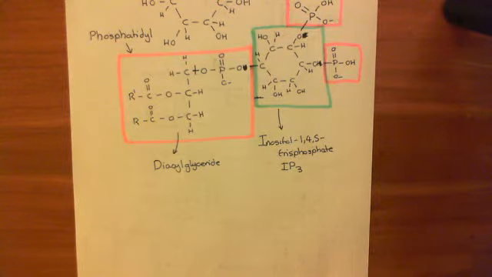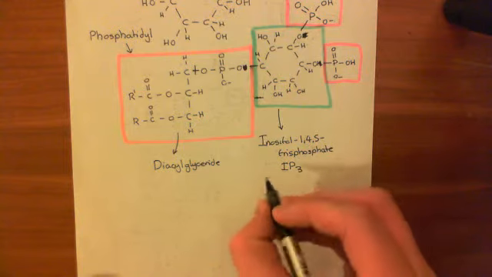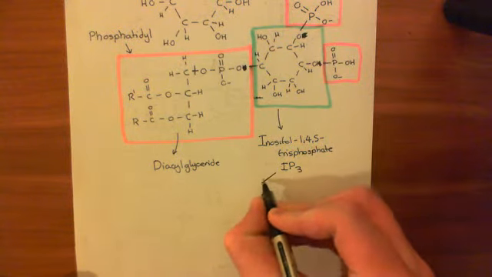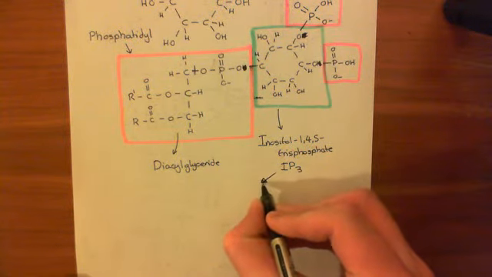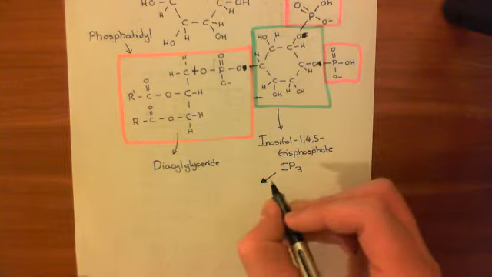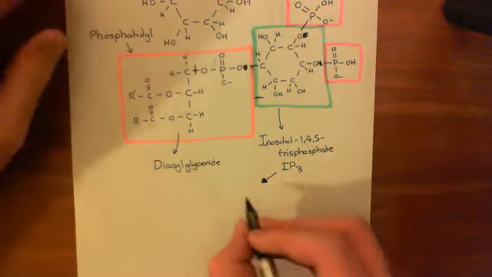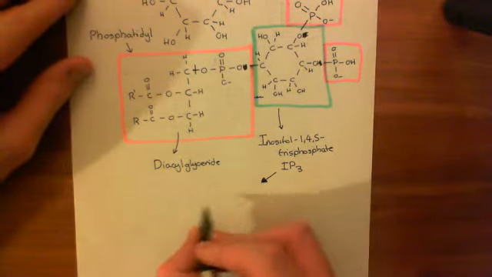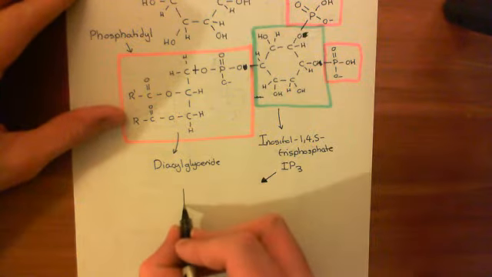Right, now, IP3 basically goes and activates a receptor that we are going to study in a lot of detail in our next coming up videos. It basically activates a receptor which is placed in the endoplasmic reticular membrane.